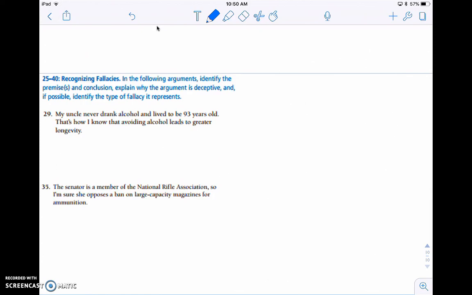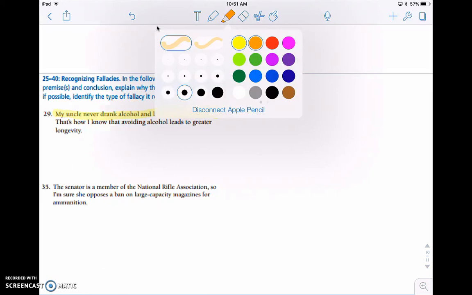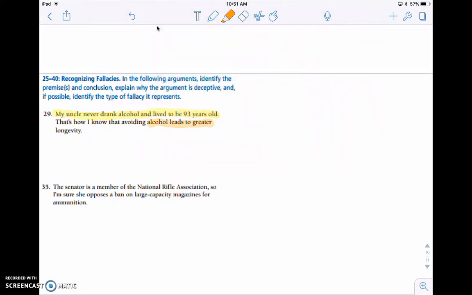So when we look at this, the premise is that this person's uncle never drank alcohol and lived to 93 years old. And the conclusion is basically that avoiding alcohol leads to greater longevity.